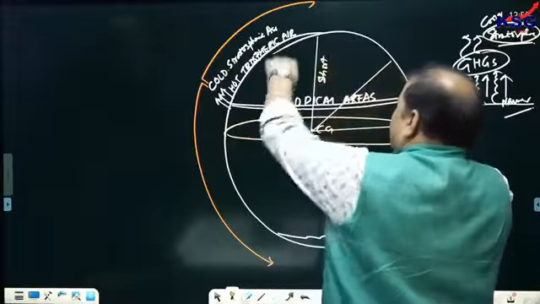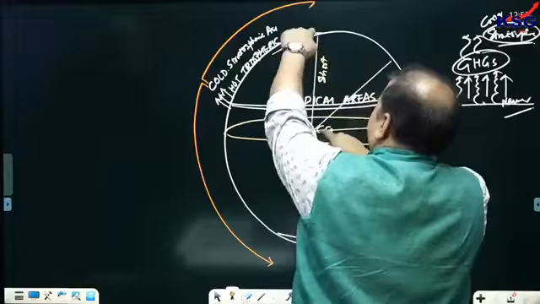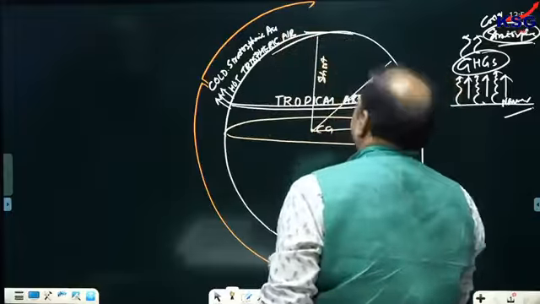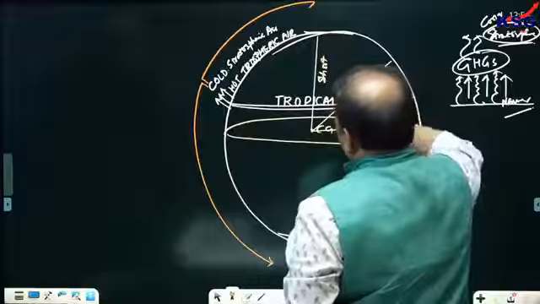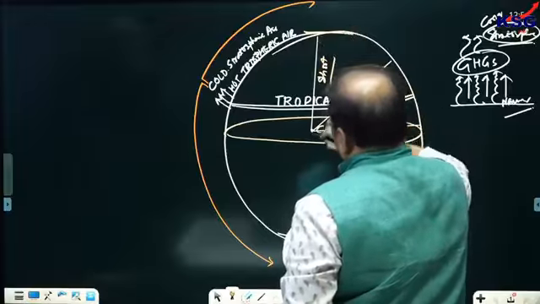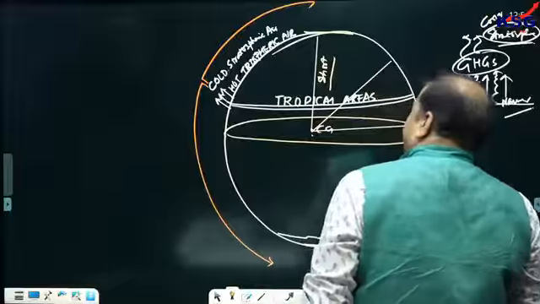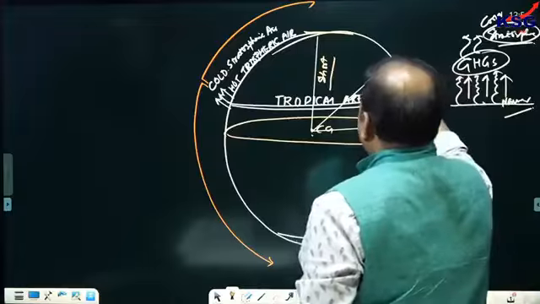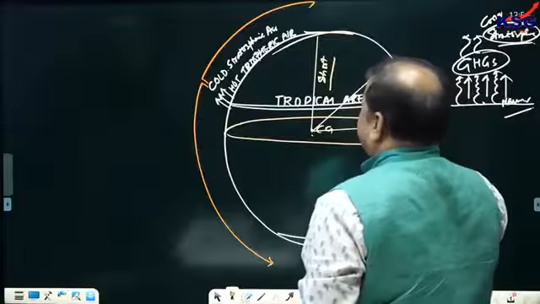Why? Because the center of gravity from here happens to be near, because the earth is flattened over the poles. So the distance from the polar areas to the center of gravity would be a short distance compared to this distance or this distance.